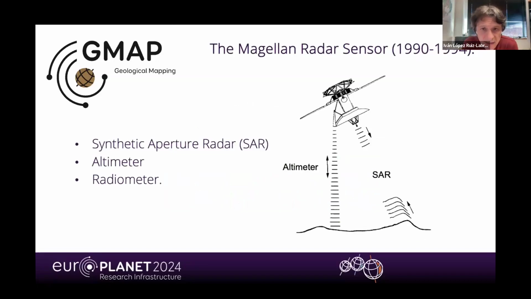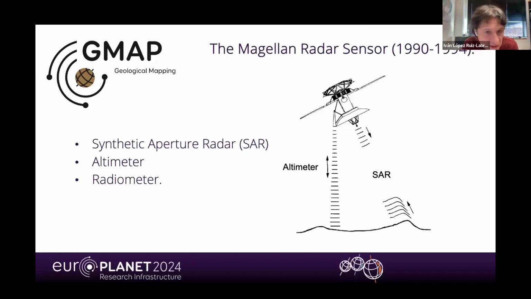As Lucia said, all these images were obtained by NASA's Magellan mission, which was around Venus for 4 years. It was a relatively simple and low-cost mission for the time, but whose results were amazing and are still being used today.